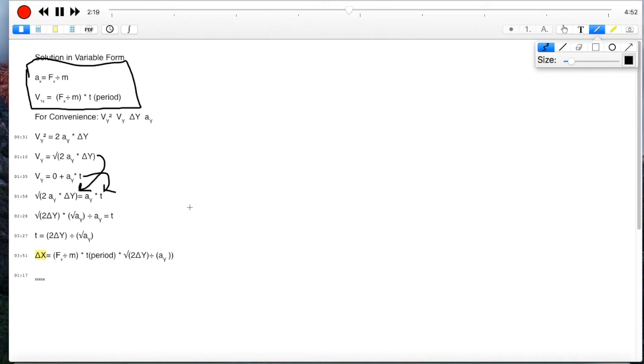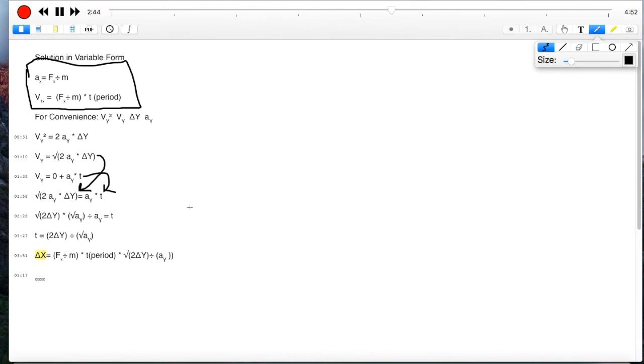And at any point, if you feel that you need to take time and slow this down for yourself, please feel free to pause. Alright, so moving forward, we will now have the square root of 2 delta y, my apologies, it's a triangle, not an a.